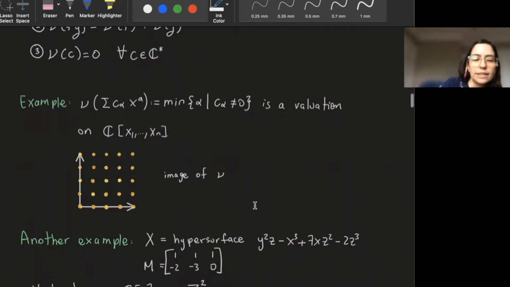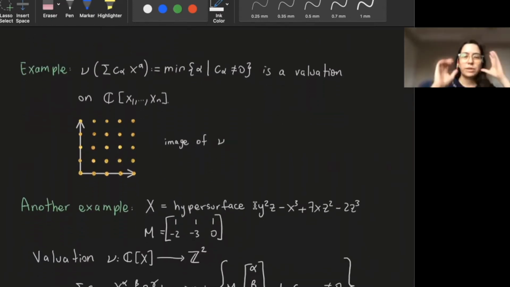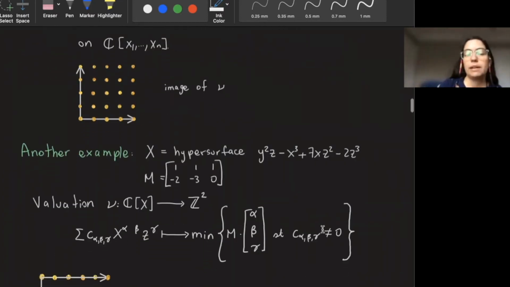So another example, and this one is going to be a bit more mysterious, so you'll have to trust me that it is evaluation, and I'll tell you why. But for now, maybe it's unclear why it is. But if you start with this hypersurface, and here I'm just taking this matrix from nowhere, if you consider this matrix, you can define evaluation from the coordinate ring to Z2.